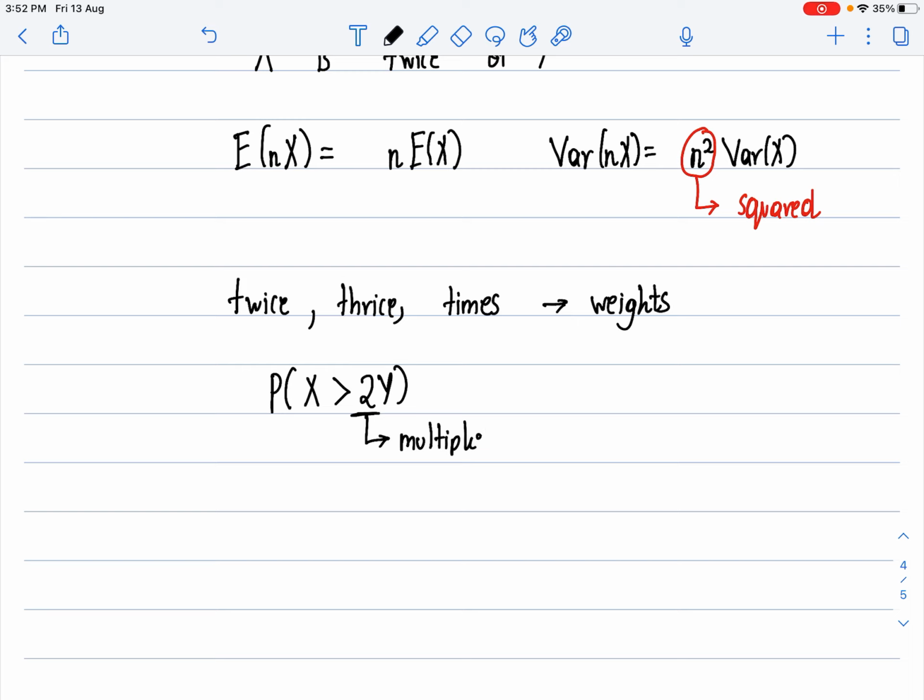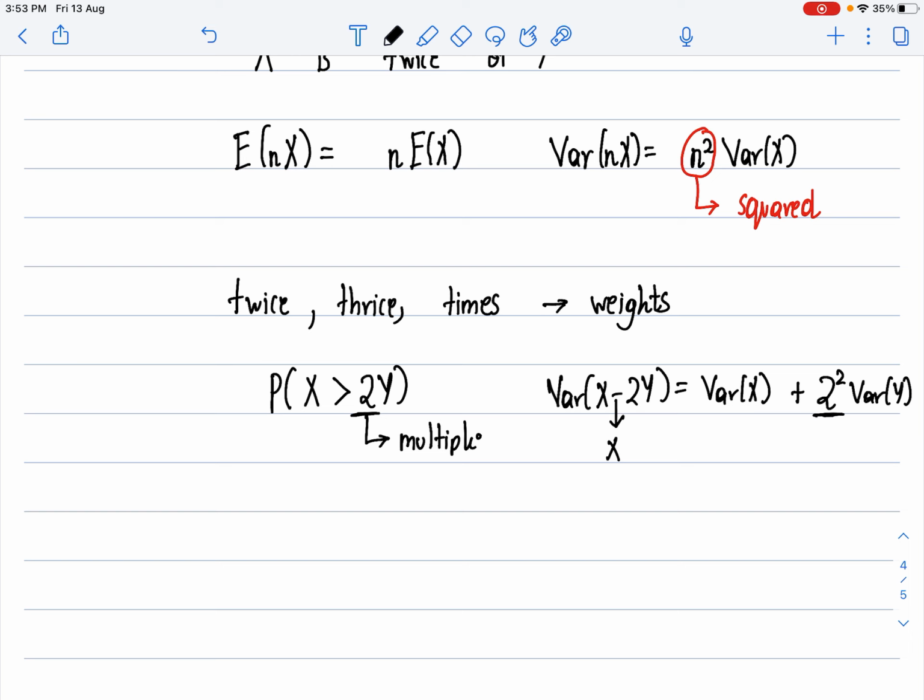When calculating the variance of x minus 2y, you will need the variance of x plus, because the variance can never be negative, 2 squared into the variance of y, which will be provided in the question.